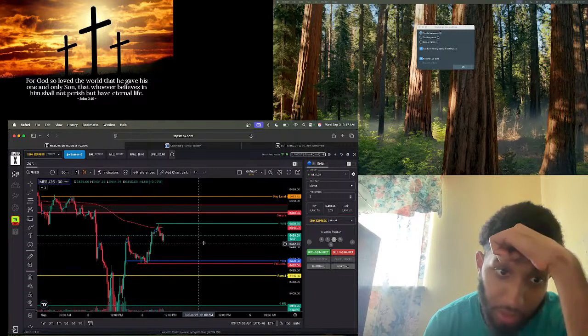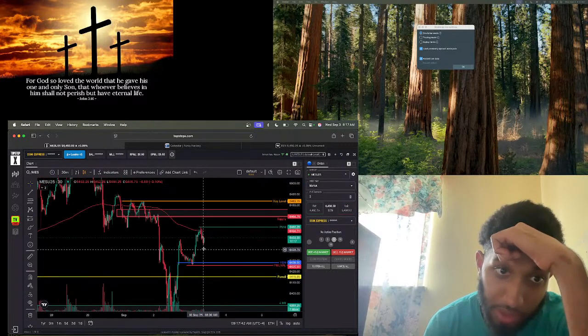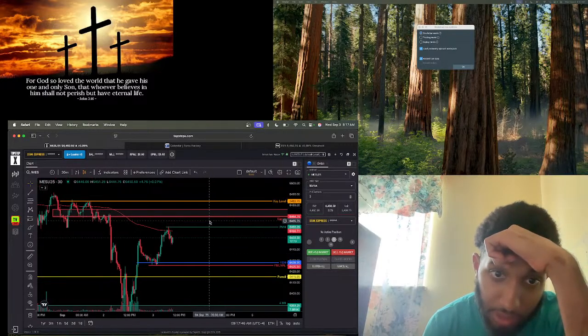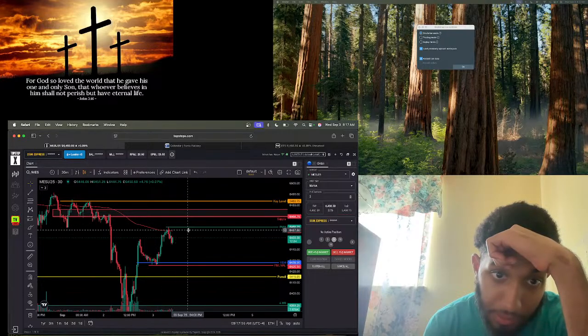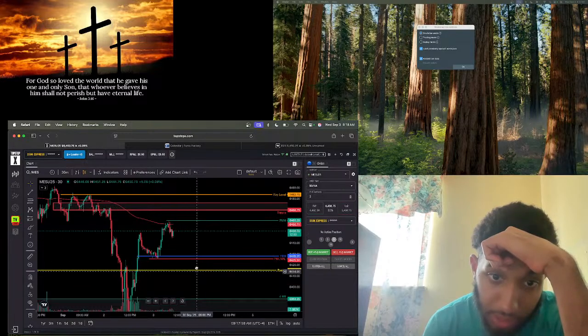So we haven't formed the low yet, but we'll see how everything formulates. I'm either want to look to take a trade off this supply zone that I have, or it could even be up here. Yeah, I'll leave it the way it is. The supply zone.